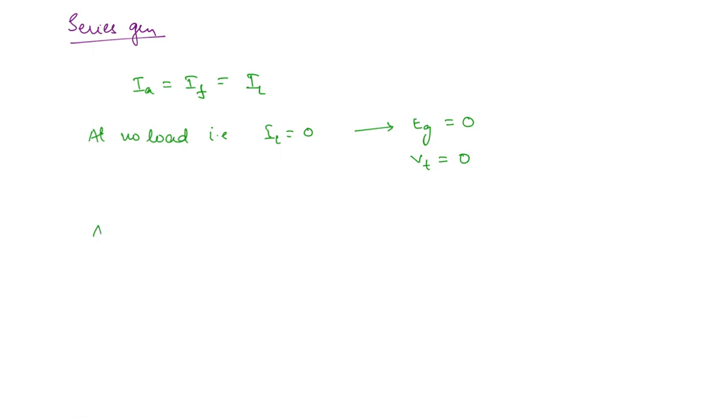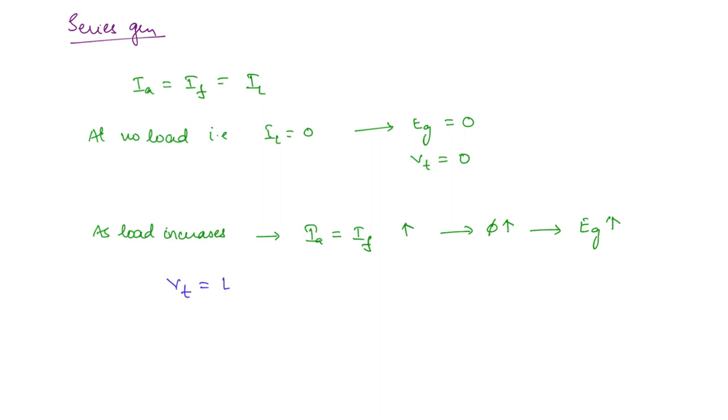Okay. Now what will happen as the load increases? As load increases, this means that IL is increasing, and IL is nothing but the armature current. This is also equal to the field current, so this is going to rise. Once field current rises, the field flux is going to rise and the internal generated voltage is also going to rise. But what about the terminal voltage?